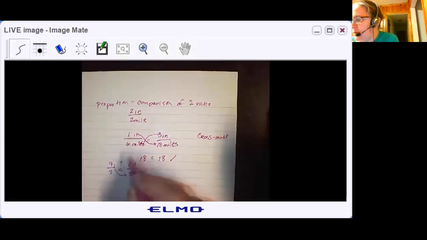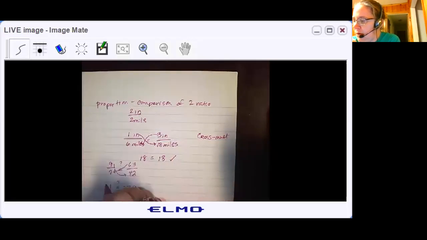Well, 9 times 2 is 18. 9 times 4 is 36 plus 1 is 37. Now 63 times 7. 7 times 3 is 21. 7 times 6 is 42, plus 2 is 44. Are these two numbers the same? They're not equal, so this is not a proportion.